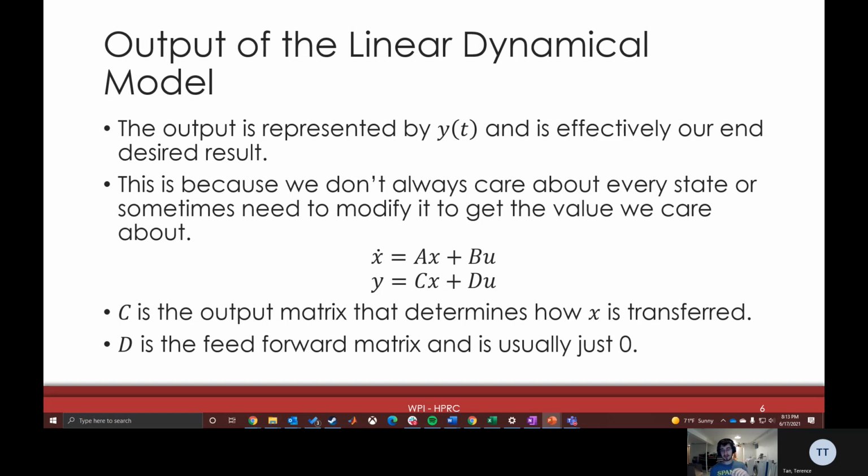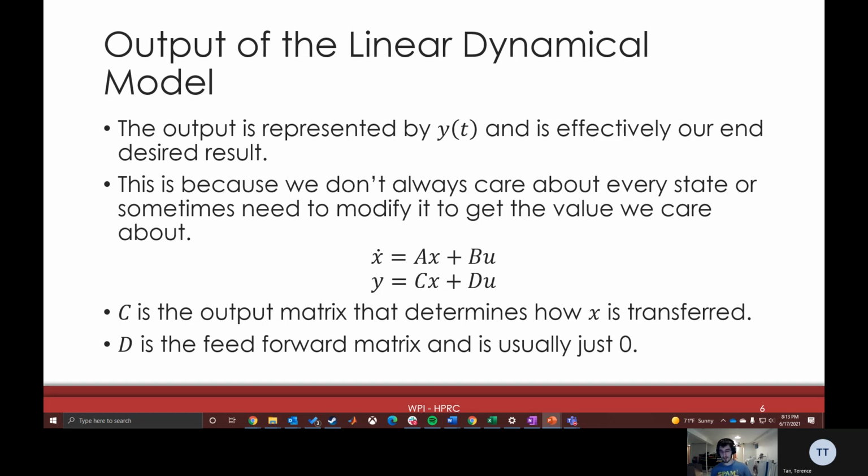In the most regular sense, you just have an identity matrix, which would mean that y directly corresponds to x.